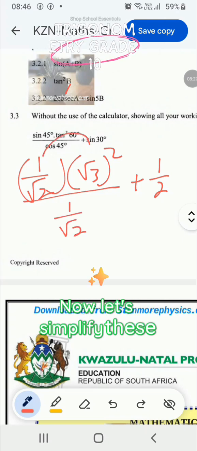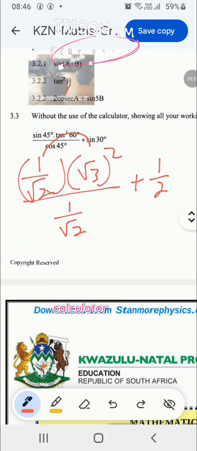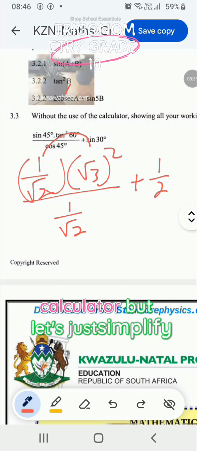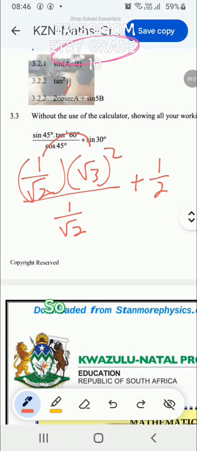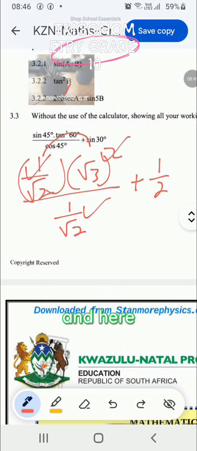Now let's simplify these two first. Usually we can just use a calculator, but let's simplify first. So we have 1 over square root of 2, because your marks are usually here and there and here and also here, and then the final answer.